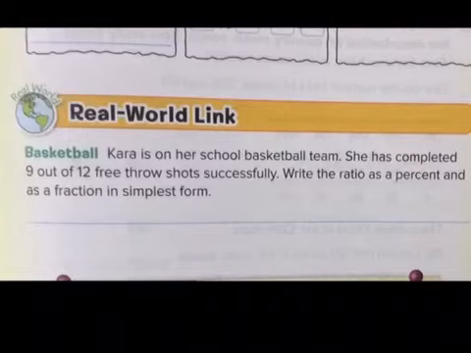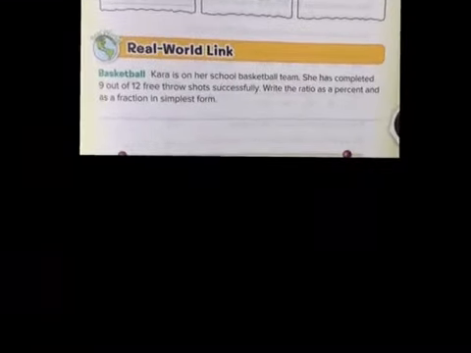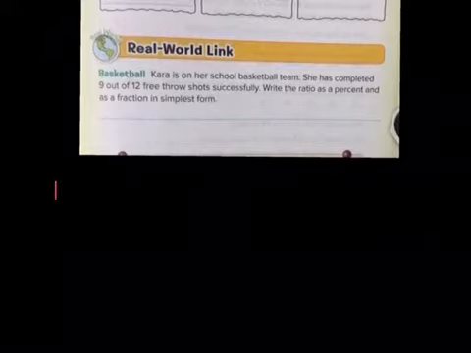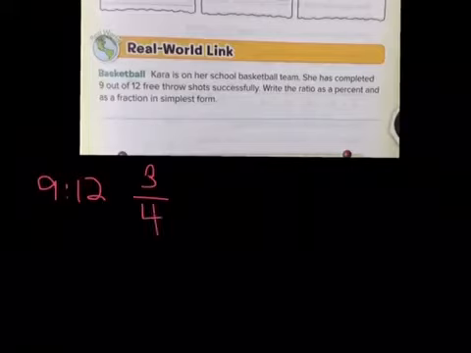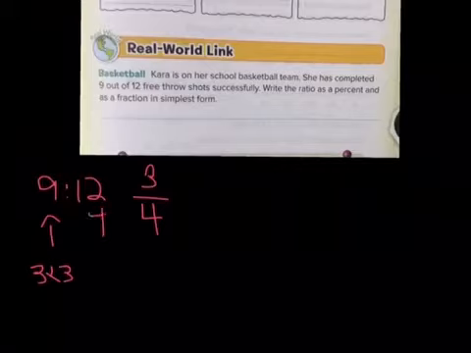Let's do that. So we write the ratio first. She's completed 9 of 12. As a fraction in simplest form would be 3 out of 4, correct? Because I have 3 3s there, and over here I have 4 of those 3s.